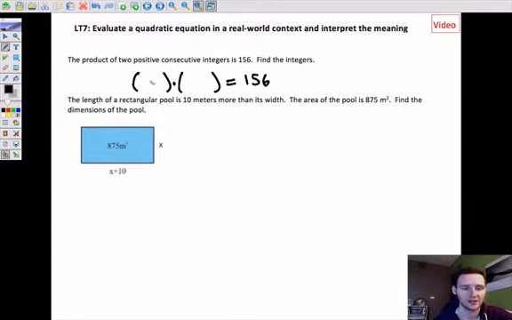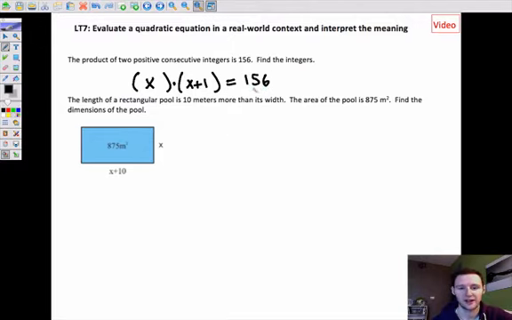If they're positive and consecutive, I'm going to say that the first integer is x, and the second integer, since they're consecutive, is x plus 1. So here's the setup: x times x plus 1 equals 156.